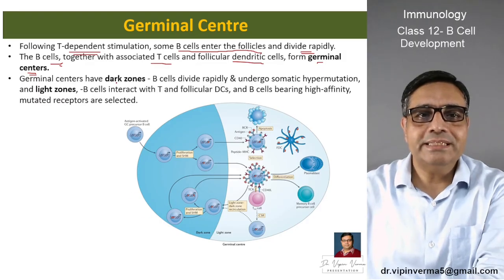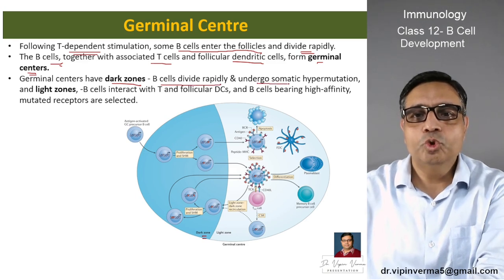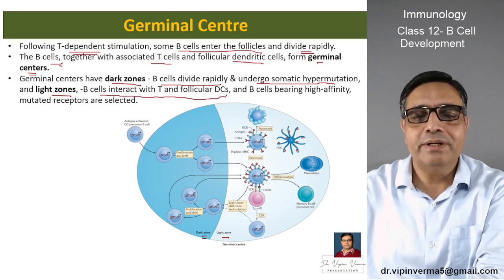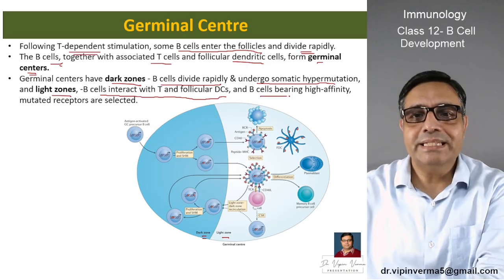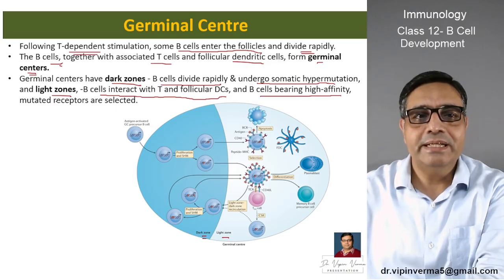So germinal centers have dark zones. Here you can see the dark zone, which is the dark blue color, where the B cells divide rapidly and undergo somatic hypermutation. And then we have the light zones. Here you can see the light zone, where B cells interact with T cells and follicular dendritic cells, and B cells bearing high affinity and mutated receptors are selected.